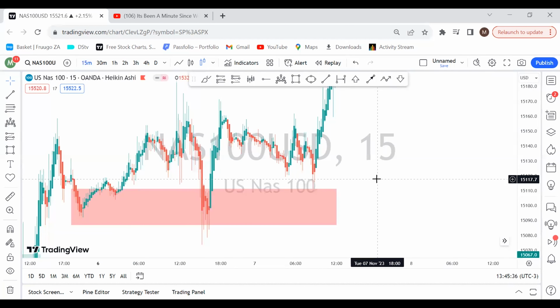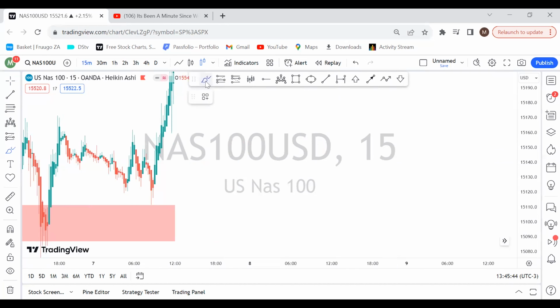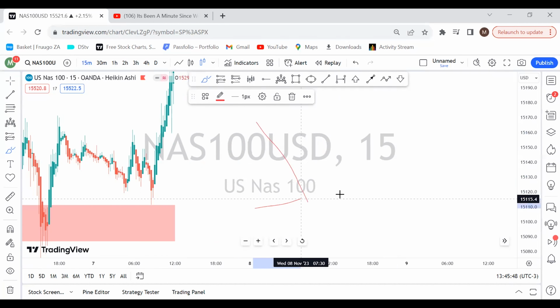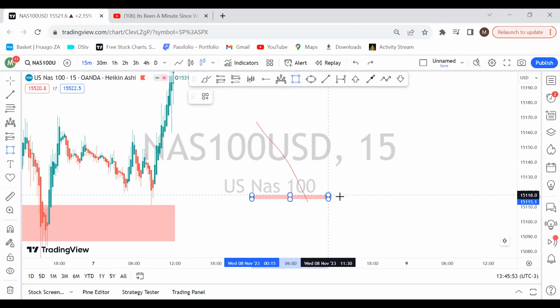And one thing that I forgot to tell you, you must check how the price gets to your third touch. So the price could either get to your third touch just like a straight price movement. Hold on. Let me use this instead.